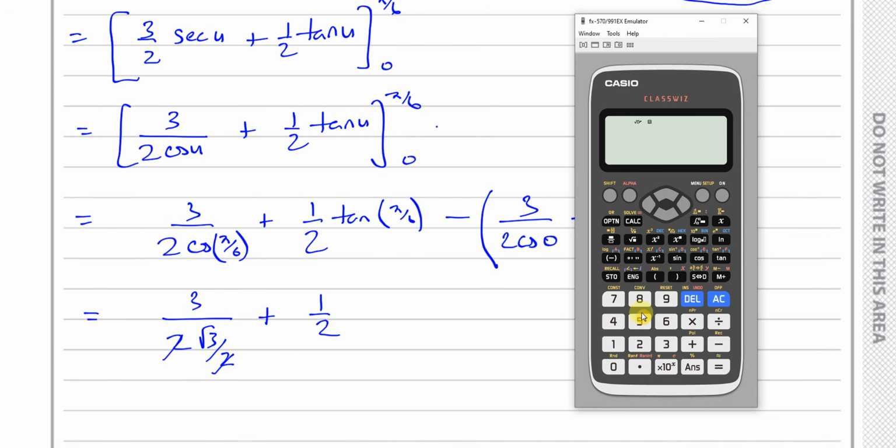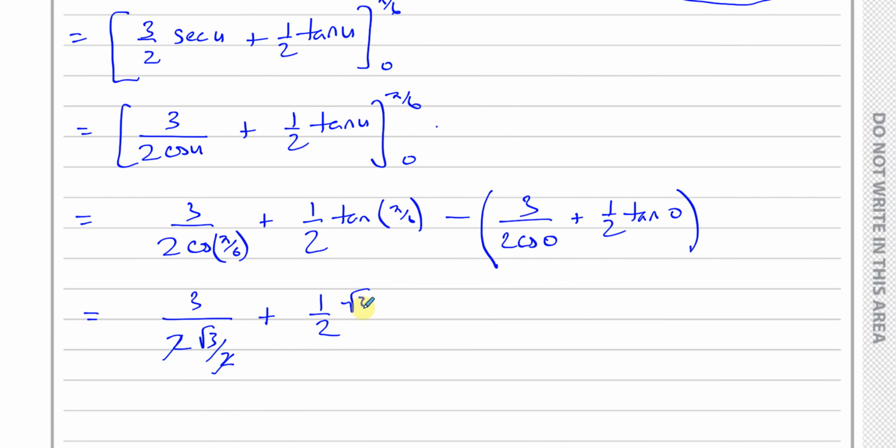Okay, it's in radian mode, so we're going to have the tan of pi over 6. I could have put 30 degrees, but no problem. And that is, if I remember rightly, 1 over root 3, which is the same as root 3 over 3 in simplified form. That's root 3 over 3 minus 3 over 2, because cosine 0 is 1, so that's 3 over 2.